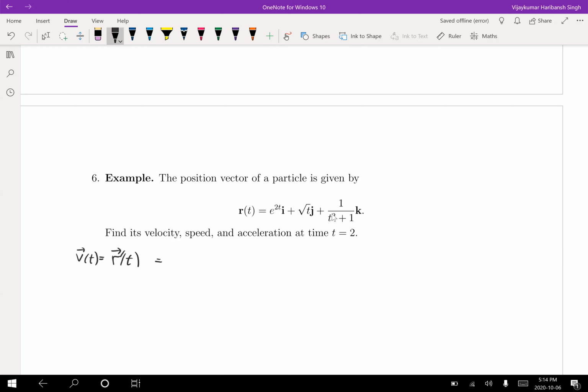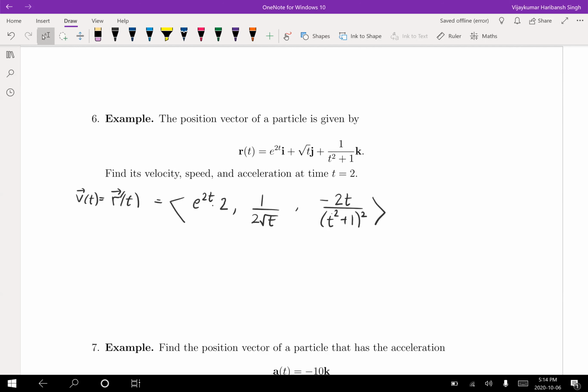That is the component-wise derivative: 2e to the power 2t, 1 by 2 square root of t, and minus 2t over t squared plus 1, the whole squared. I used the chain rule for the third component.